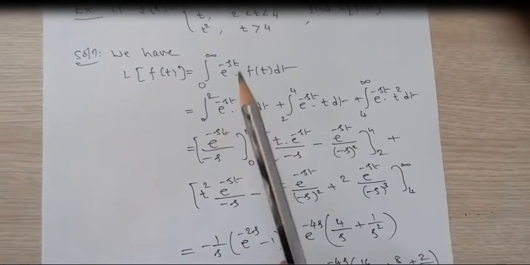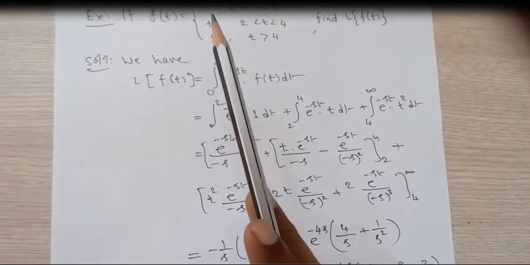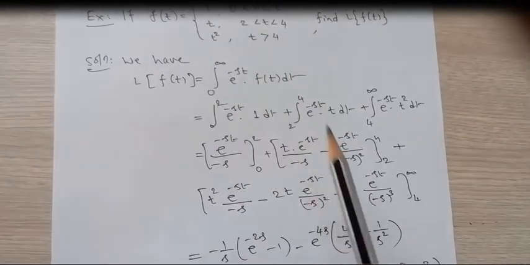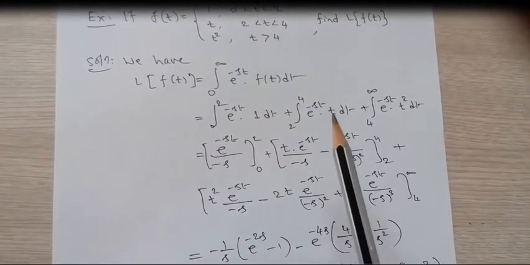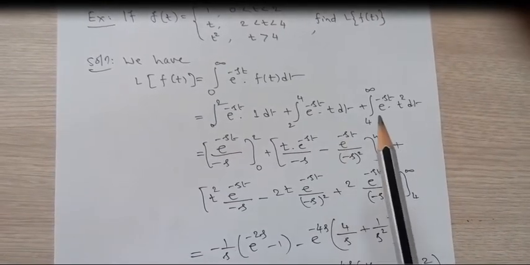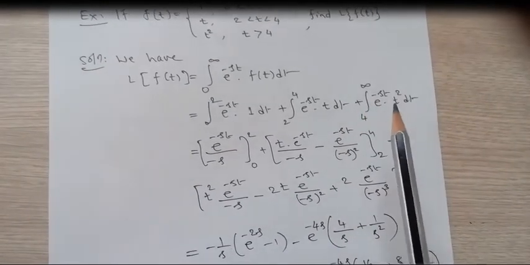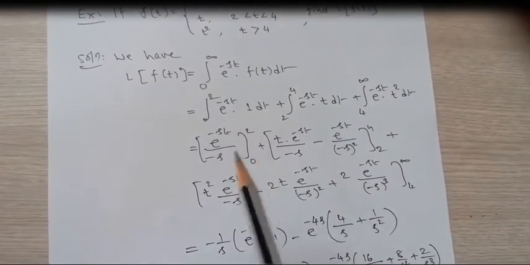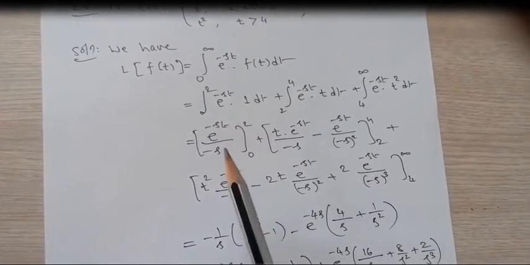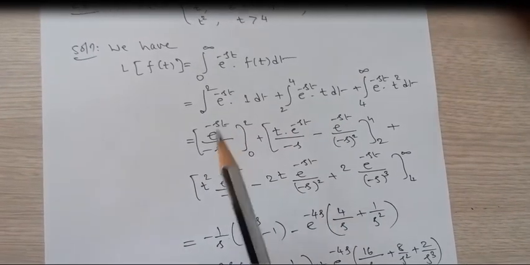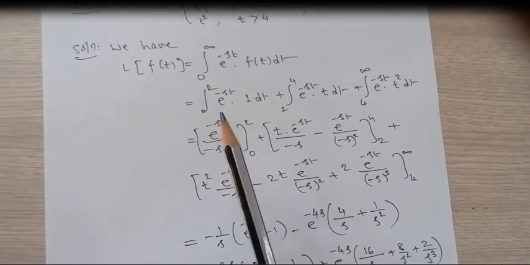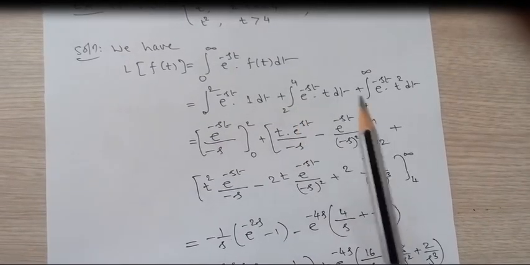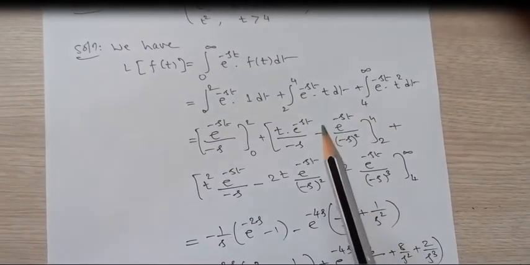In 0 to 2, f of t is 1, in 2 to 4, f of t is t, and in 4 to infinity, f of t is t square. So integrating between the given limits: first integral between 0 to 2, second integral between 2 to 4, third integral between 4 to infinity.